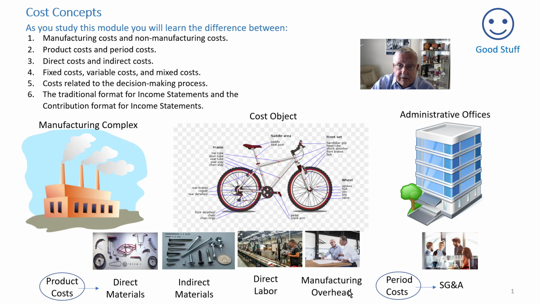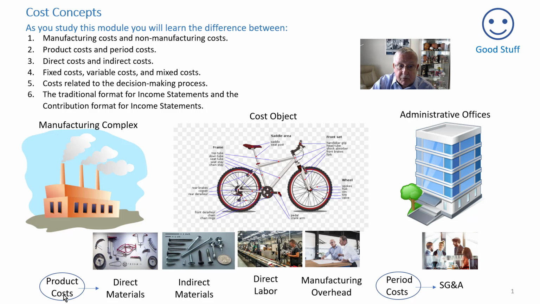These costs can be fixed, they can be variable, or they can be mixed. Variable costs increase as production rises and decrease as production falls. Fixed costs, on the other hand, are costs which remain the same no matter how much is produced. If it's a mixed cost, then it has both fixed and variable components.